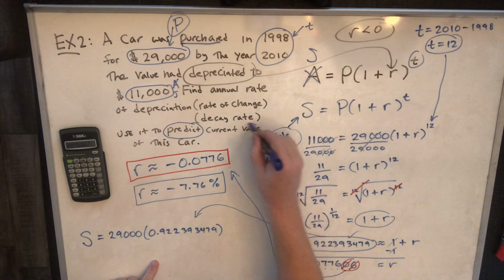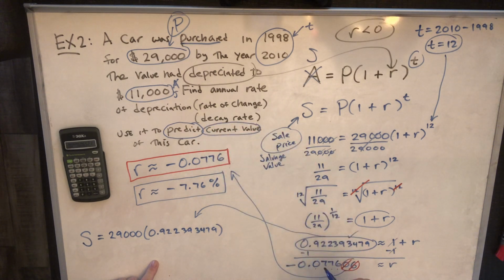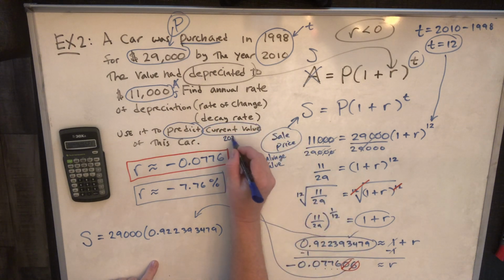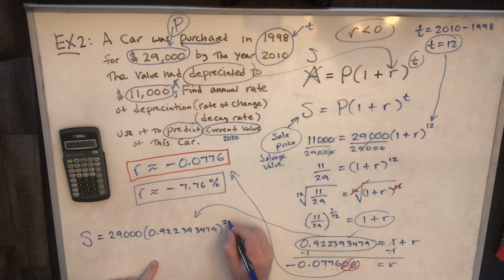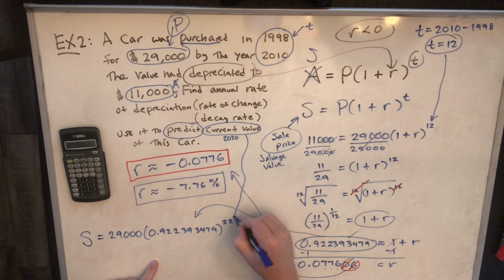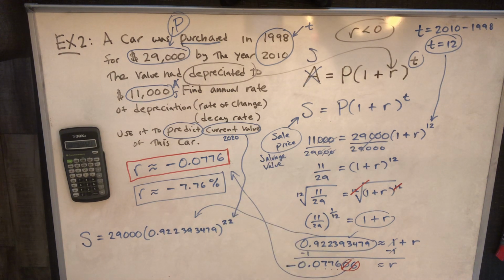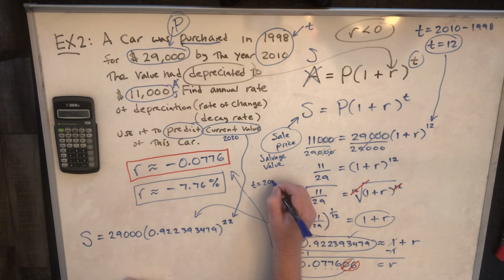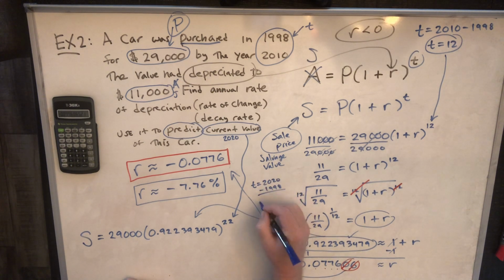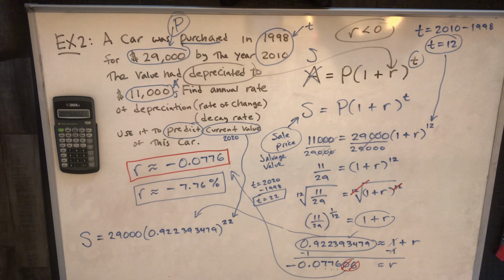The current value in 2020 would be 22 years. That's 2020 minus 1998. Some of you were probably born in 1998, and so you are 22, or you're going to be 22 this year.